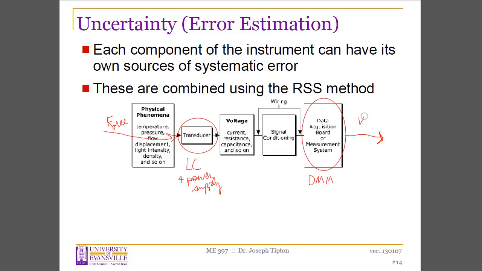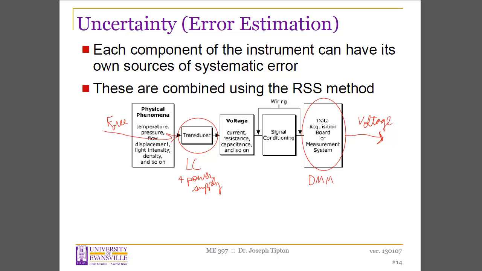And that's how we get our voltage. Now, there is some error across the wiring. That's usually random noise, which is not systematic error. Remember from last week we quantified that as random or precision error. We'll talk about that later in the course. Right now we're just looking at systematic.